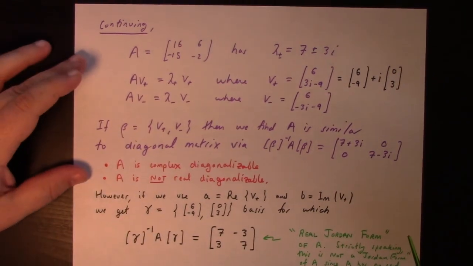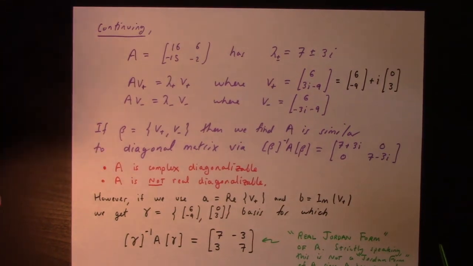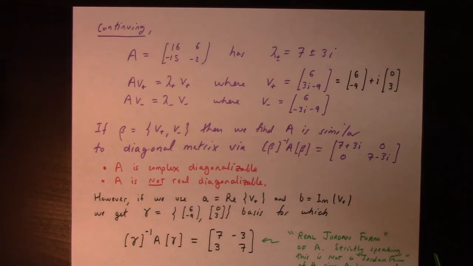So just to give you a quick explanation of what's going to happen, we're going to be able to show that if we look at a real matrix, its eigenvalues are either real or they're complex. But if they're complex, they come in conjugate pairs.